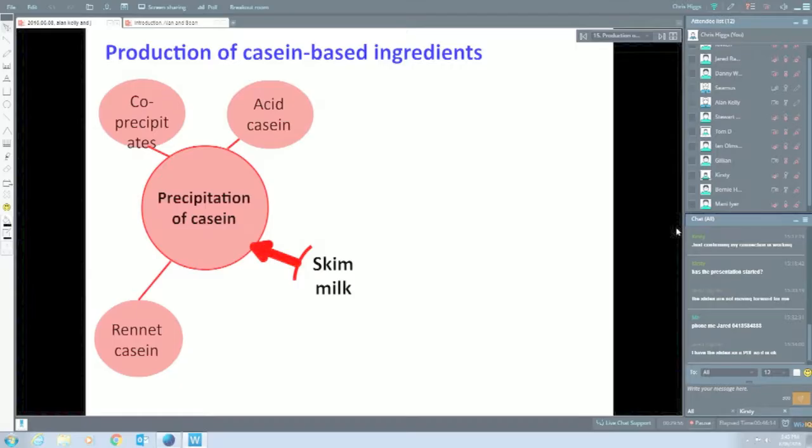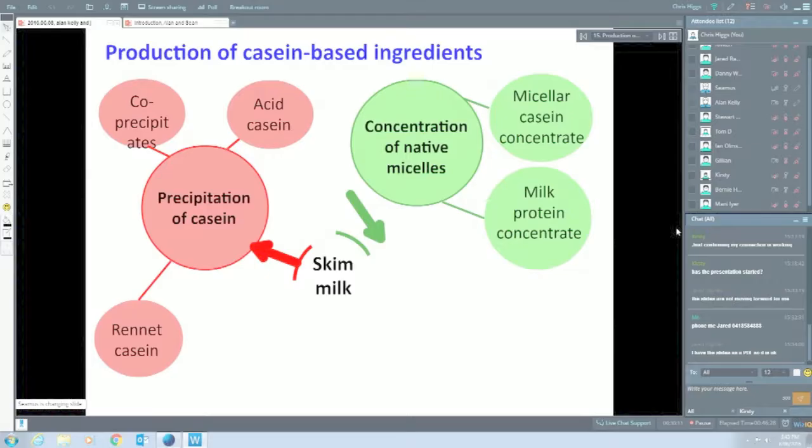But one of the challenges from the point of view of infant nutrition products is mineral profile, but also the fact that most of these ingredients are not soluble, which does limit their application in the likes of infant nutrition products. An alternative to manufacture casein enriched ingredients but maintain them in the soluble form is to make ingredients like micellar casein concentrates and milk protein concentrates.